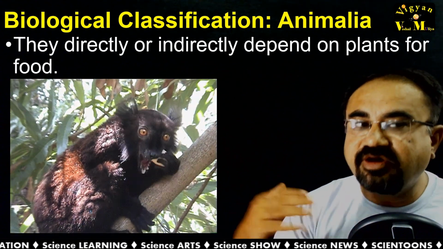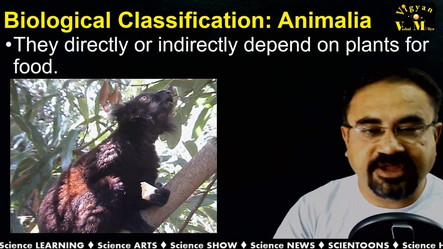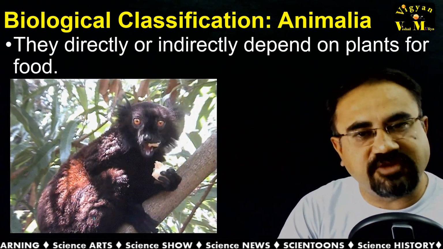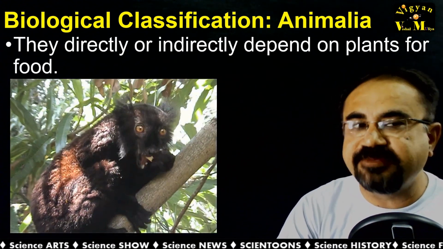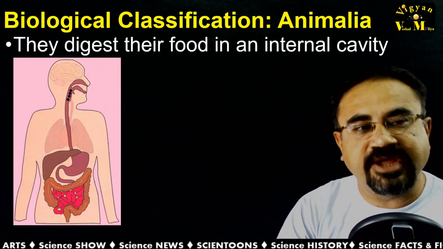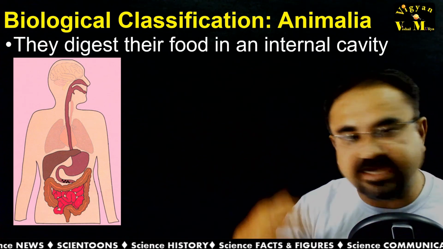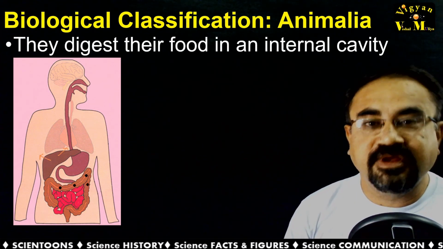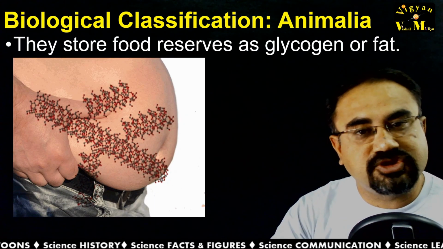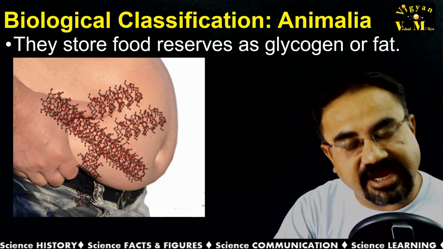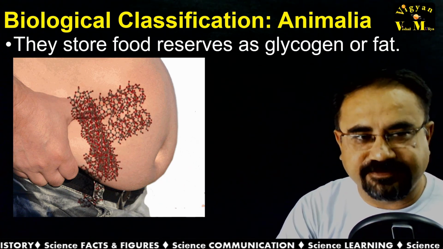They directly or indirectly depend on plants for food, or for nutrition, we can say, and they digest food in an internal cavity, that is the digestive system, and the stored food material is either glycogen or fat.